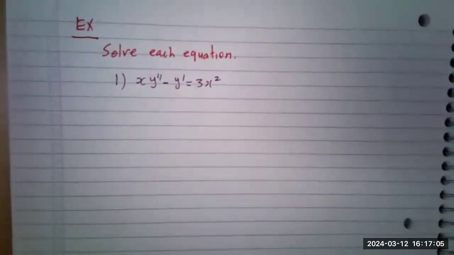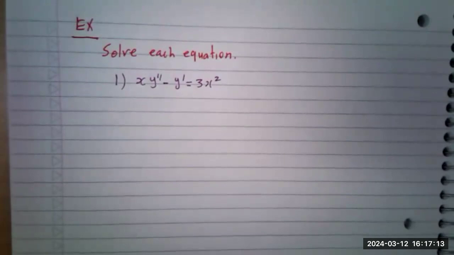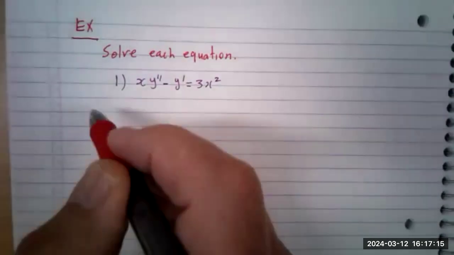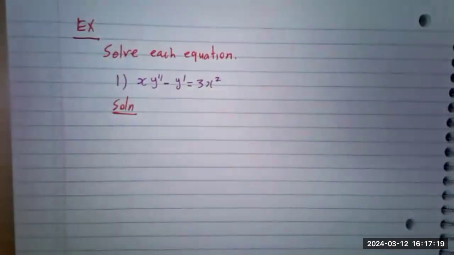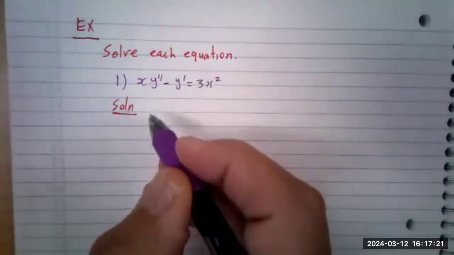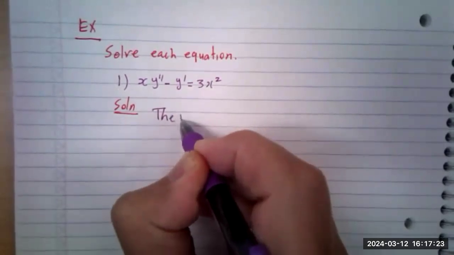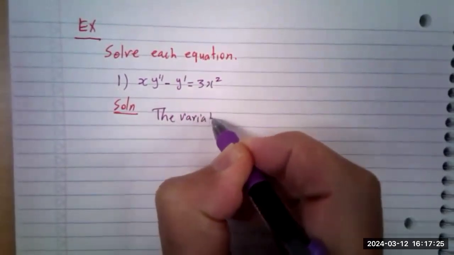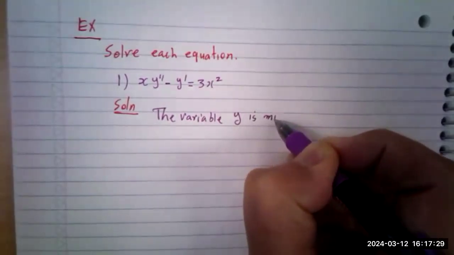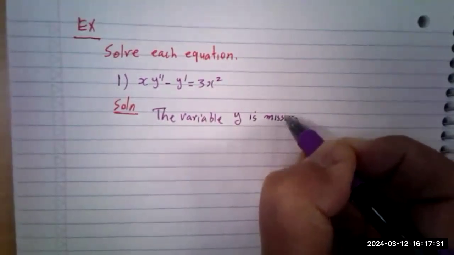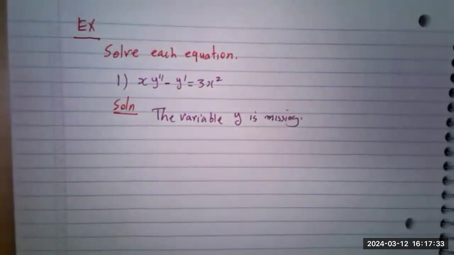As you can see, it's not a linear equation, and the variable y is missing. So that would be case 1. Identify it for yourself: the variable y is missing.